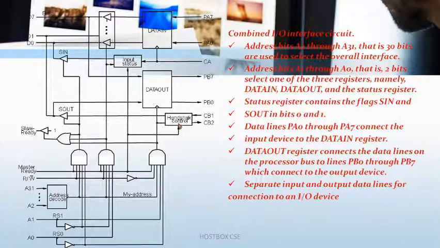At last, there are separate input and output data lines for connection to an IO device. So these are the operations happening behind the computer when you do something with it.